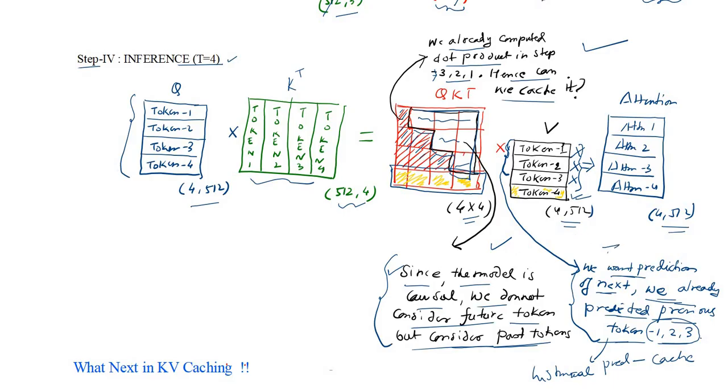So this is the meaning of this, and this is the logic for the KV caching. Irrespective of these two values, this part we can cache, and these 1, 2, 3 tokens are actually not required. We can focus on the present token, or the next predicted token.